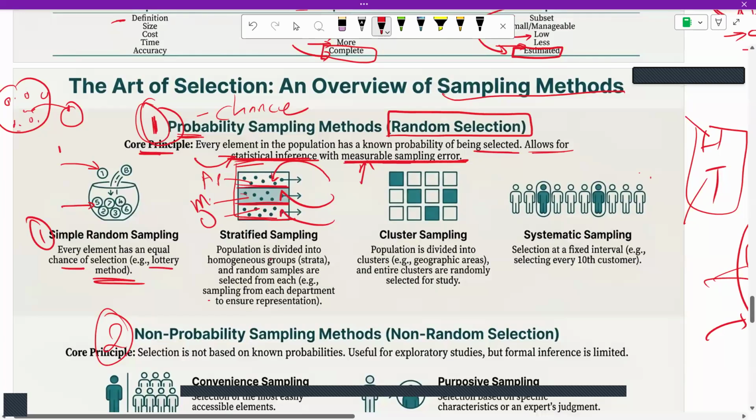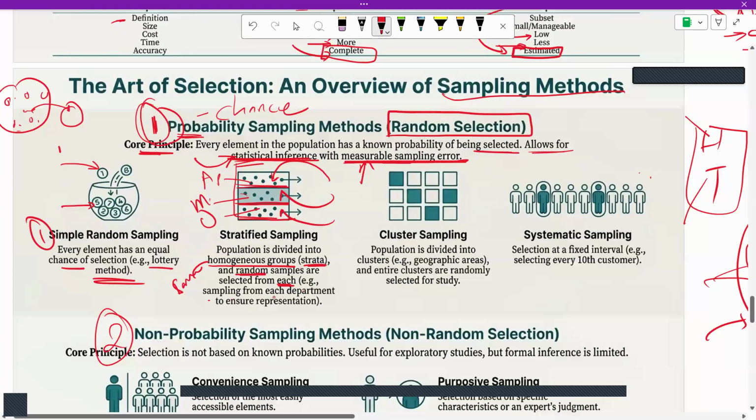That is stratified sampling. The population is divided into homogeneous groups. Homogeneous means the same, similar characteristics. They are called strata. And random samples are selected from each group.